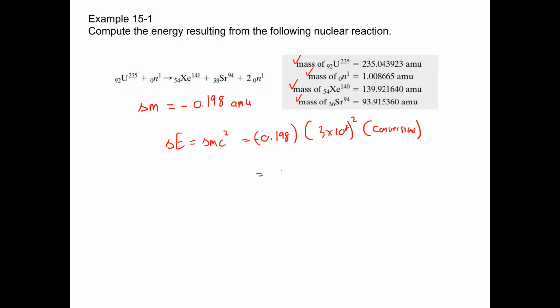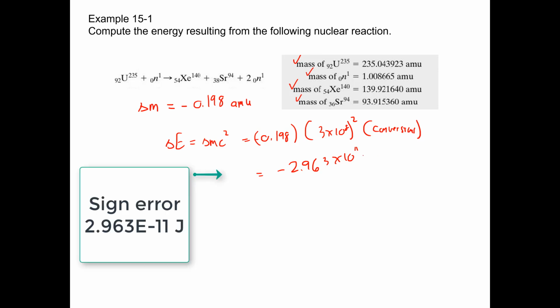In this case, you would get negative 2.963 times 10 to the 11th joules, or negative 185 mega electron volts.